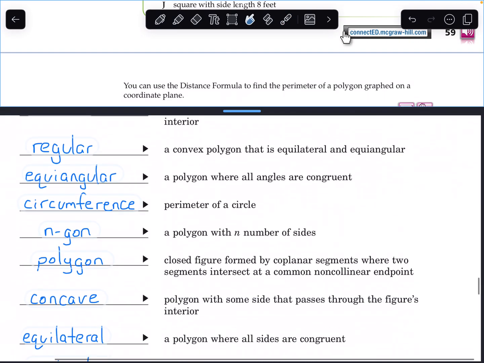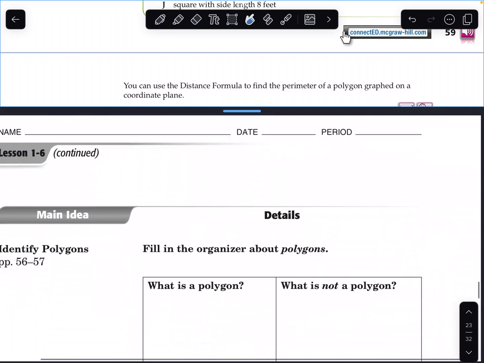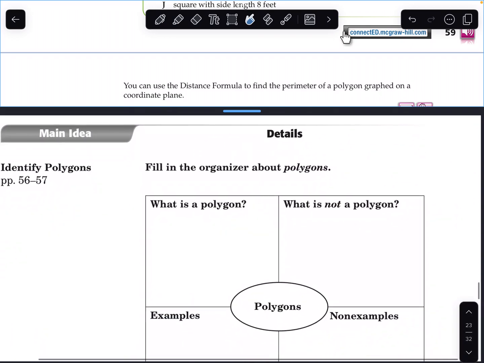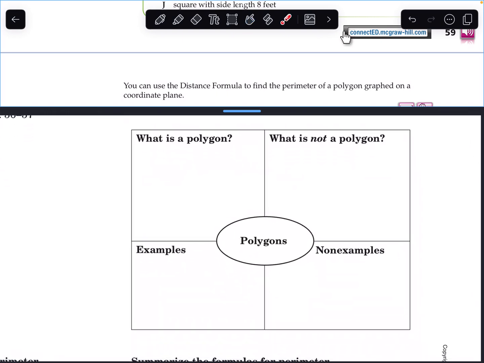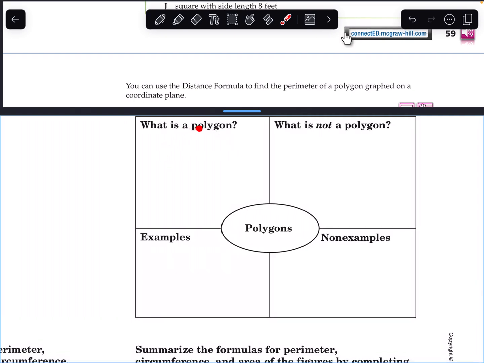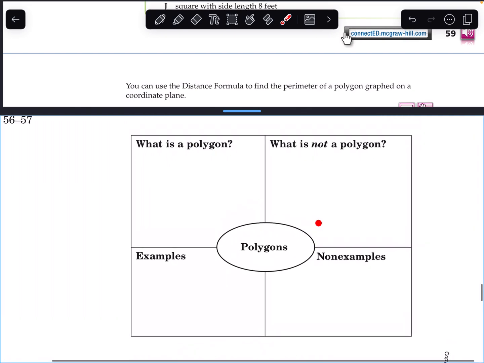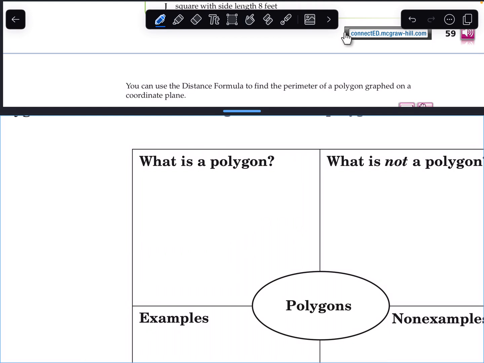Let's return to the next page of notes, talk about the main idea. Identifying polygons. Fill in the organizer about polygons. We have 4 sections here. What is a polygon? What is not a polygon? All right, I'm going to try my best from memory to say what made a polygon.